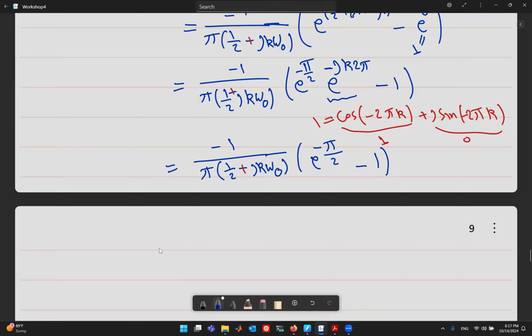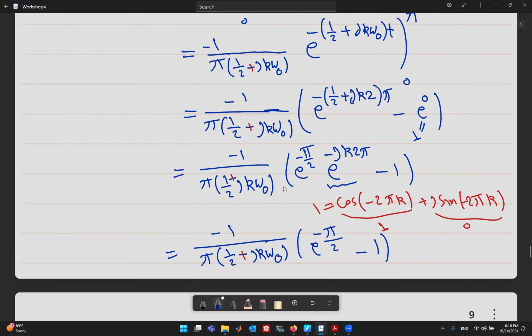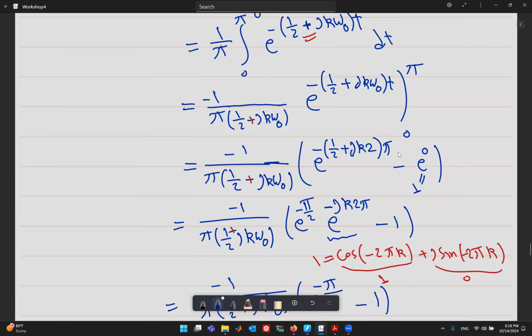And then let's just simplify a little bit. We can multiply by 2 here, and also plug in this omega naught. Actually, we should have done this from this step. When we plugged in omega naught by 2 here, we should have done it here also.